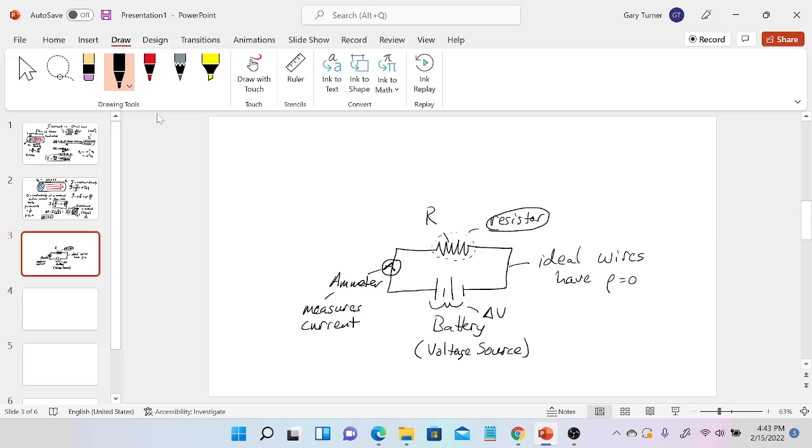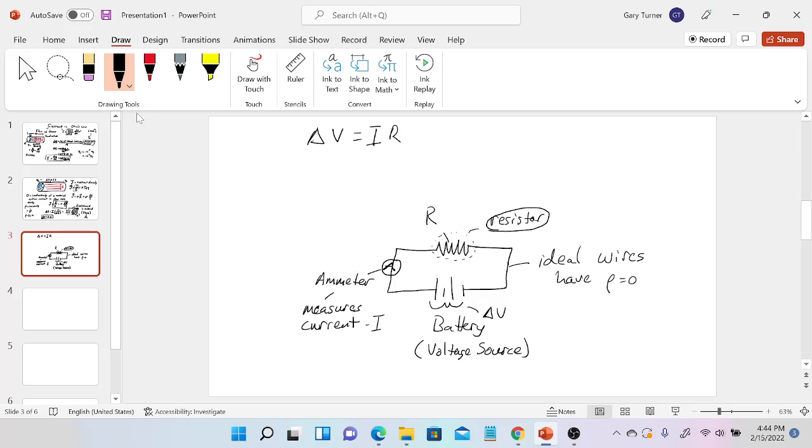And Ohm's law says that your potential difference in a simple circuit should equal the current that you measure with your ammeter multiplied by the resistance, or the value of your resistor in ohms. Okay. Let me spell ammeter a little bit more clearly.